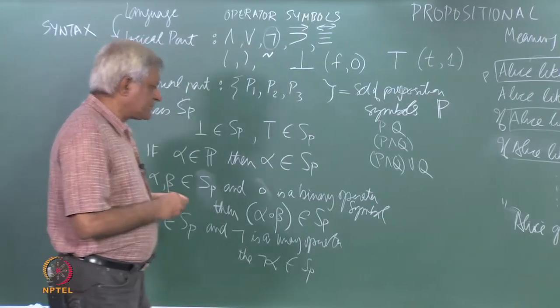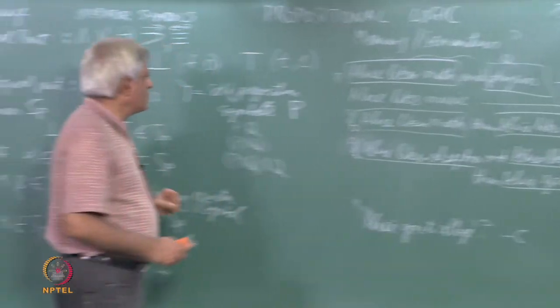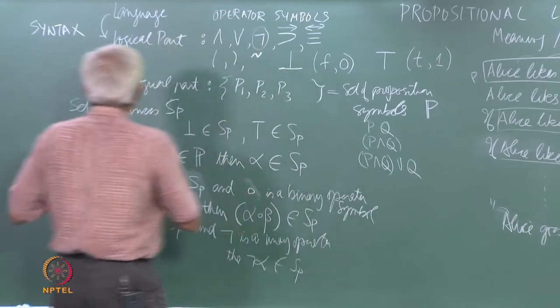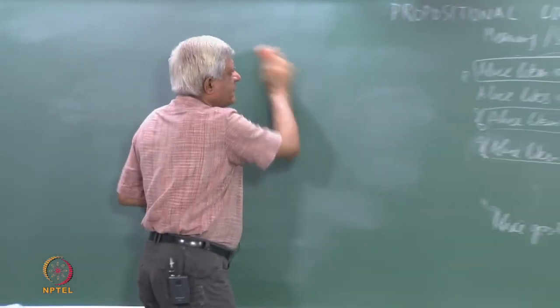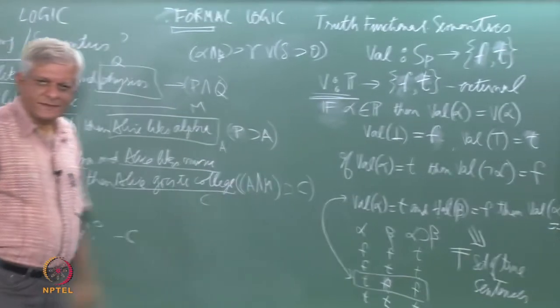What do we do? We define instead the notion of a rule of inference. So, what are we interested in? We are interested in reaching that set of true sentences, and what do I mean by that?